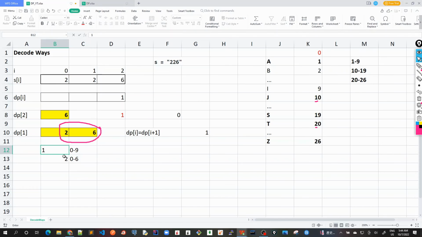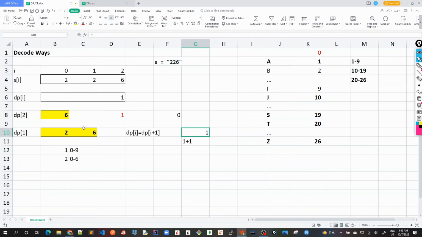If it's 1, then the ones unit can be 0 to 9. If it's 2, it can be only between 0 to 6. If any digit other than 1 or 2, it will all result in 0. So in this scenario, we already see that 26 is another way. So it would be 1 plus 1.